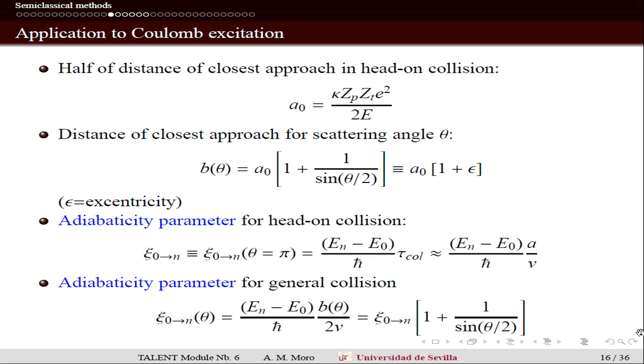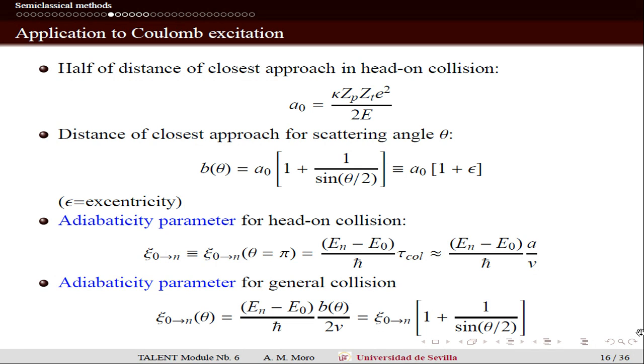Actually, many times we don't specify that it is for head-on collisions, so whenever we write the adiabaticity parameter without any additional specification, we are always thinking of theta equal pi, 180 degrees.